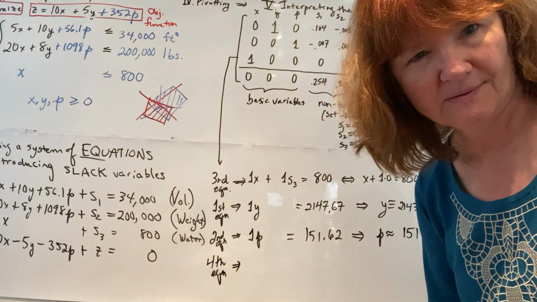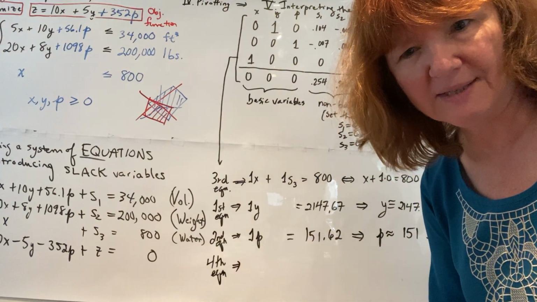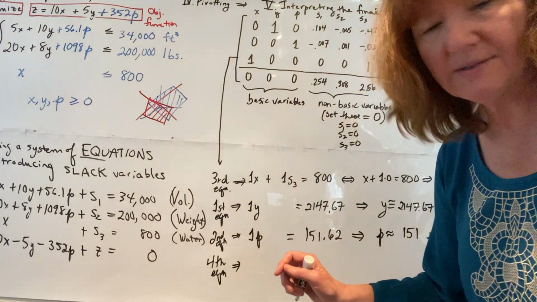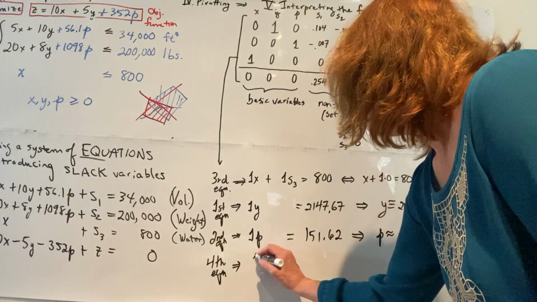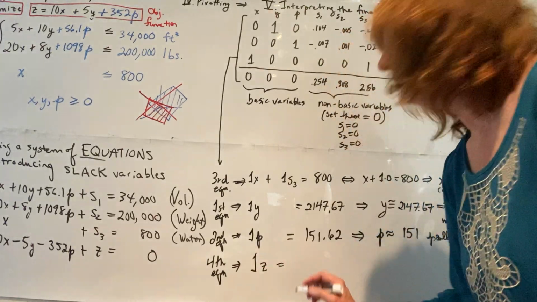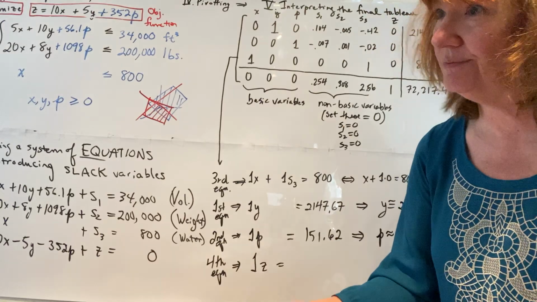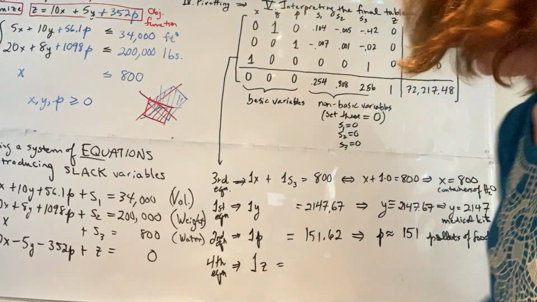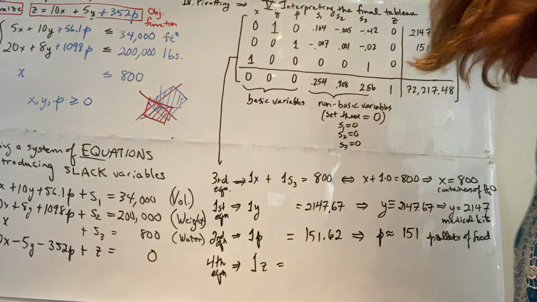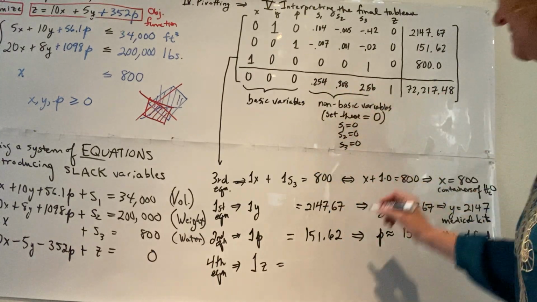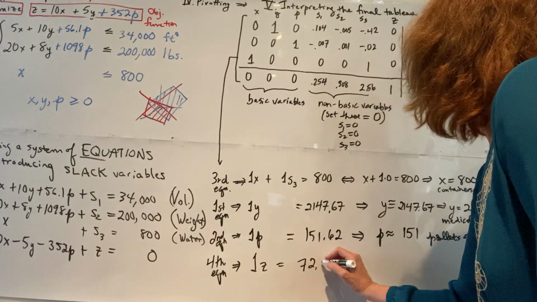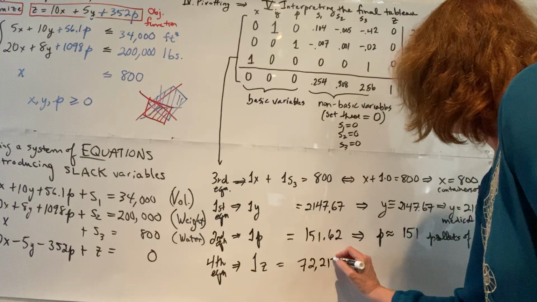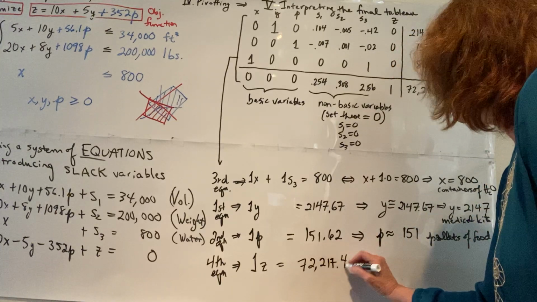How many lives, the optimal amount of lives we can save within those constraints, okay? 1z, z represents the total number of lives saved for 3 days, right? By the arrival of all these goods. 1z is equal to this, 72,217.48.